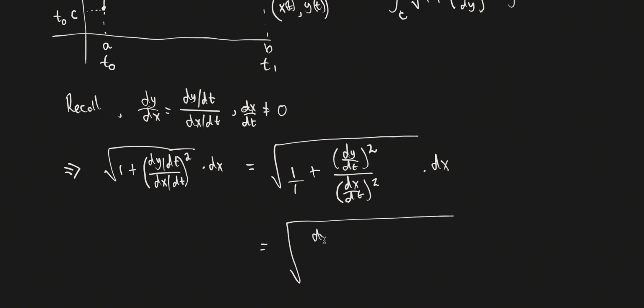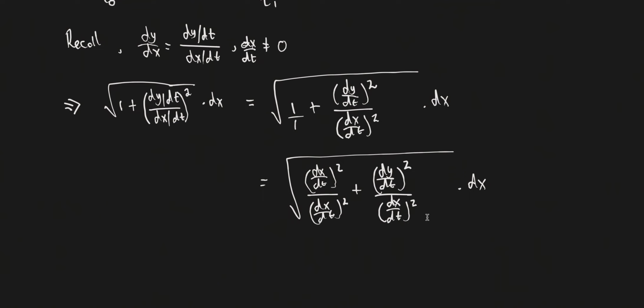It's going to be (dx/dt) squared over (dx/dt) squared plus (dy/dt) squared over (dx/dt) squared, times dx. We can't forget the dx there. All right. So now that we have our common denominator, this can be written as a single fraction.